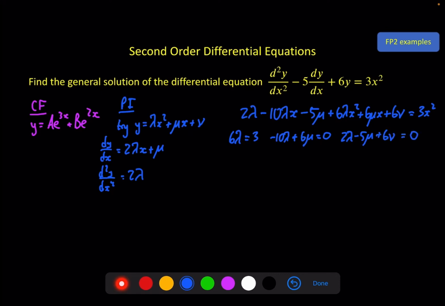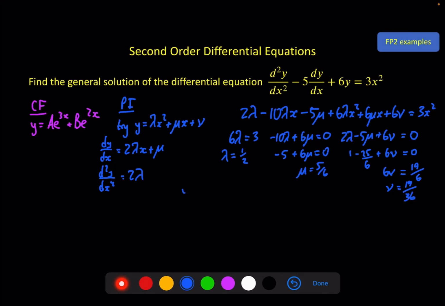Now we go ahead and work them out. λ must equal a half, so here we've got minus 5 plus 6μ equals 0, so μ must equal 5/6. And then here we've got 1 minus 25/6 plus 6ν equals 0, so that's 25 minus 6 is 19/6 is 6ν, so ν is equal to 19/36.